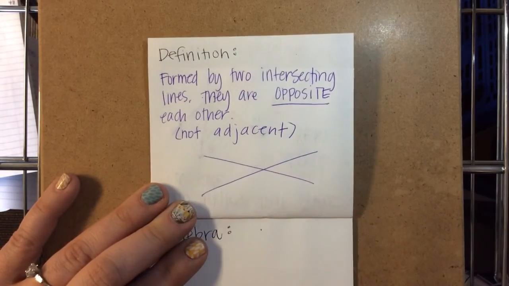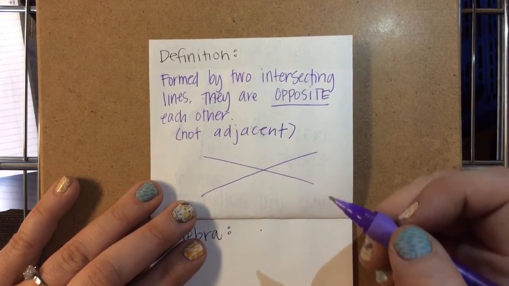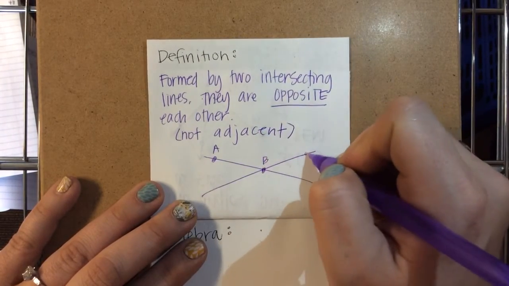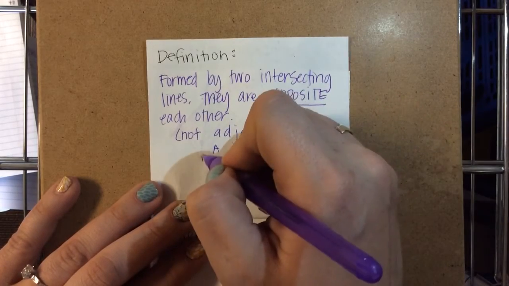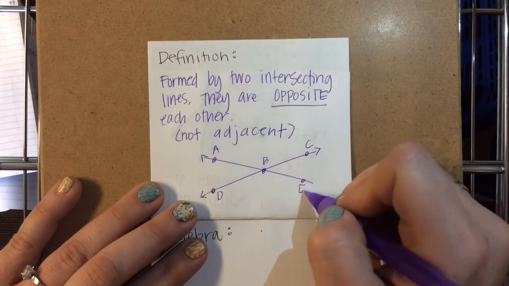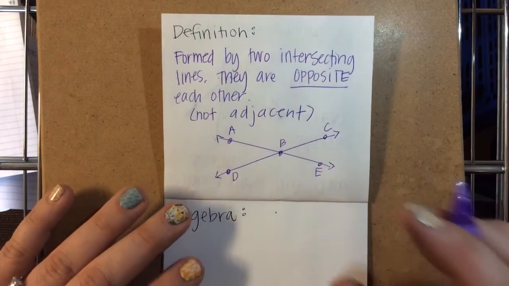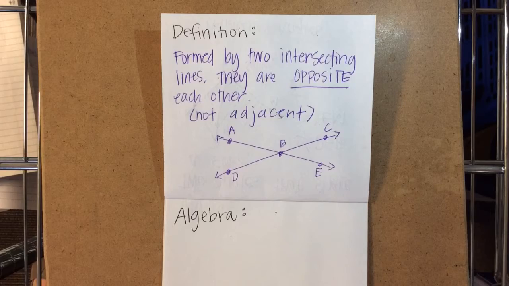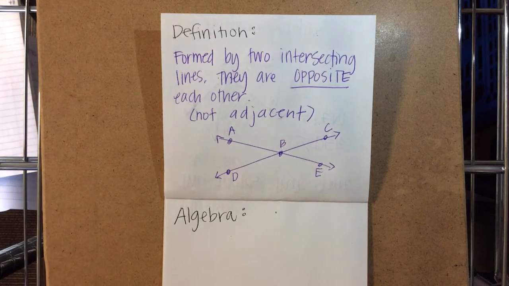Let's draw a picture. A, B, C. D, E. Let's talk vertical angles. I'm going to give you an angle. You tell me what's vertical to it. Are you ready?